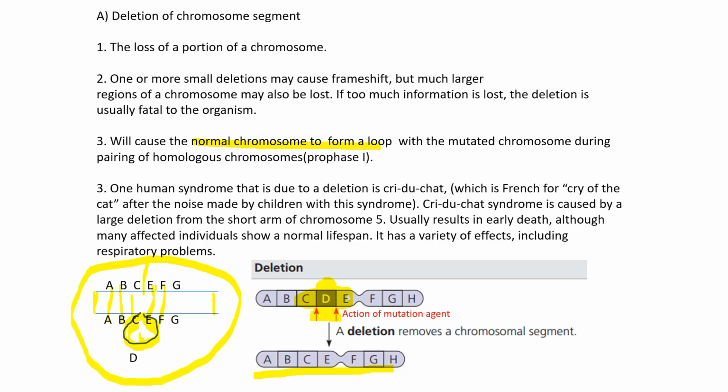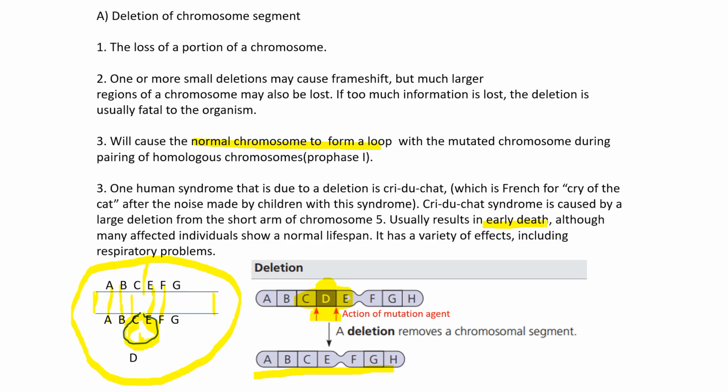And this cri du chat syndrome usually results in early death. Although many affected individuals show a normal lifespan, it has a variety of effects including respiratory problems. So meaning to say, normally individuals with this syndrome will result in early death.